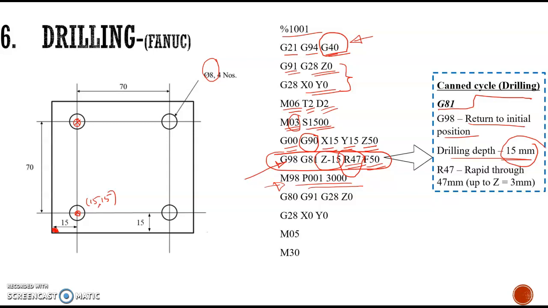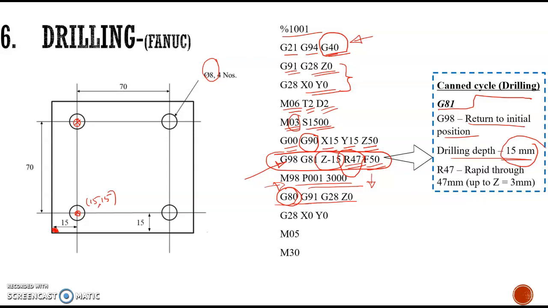In the next slide we will discuss the subprogram. After executing this block we will finish all the 4 holes, and after finishing we need to stop this canned cycle. So G80 is used for stopping the canned cycle, that is the end of the canned cycle.